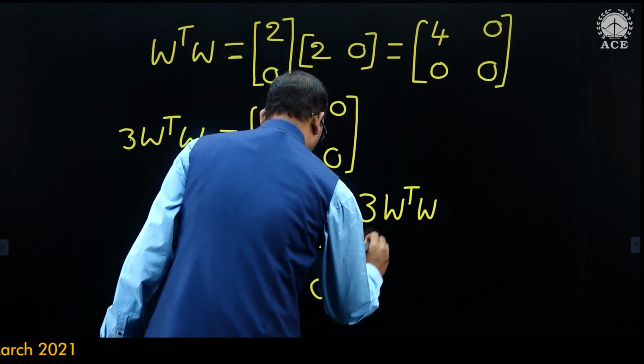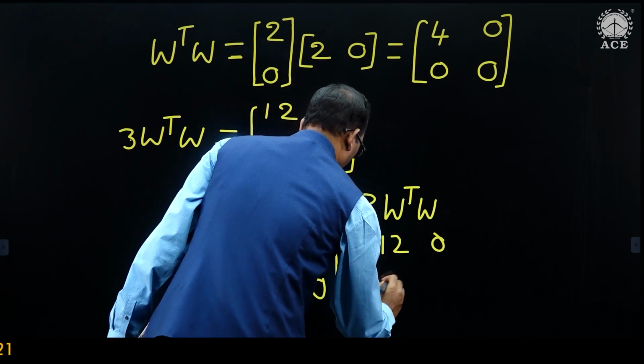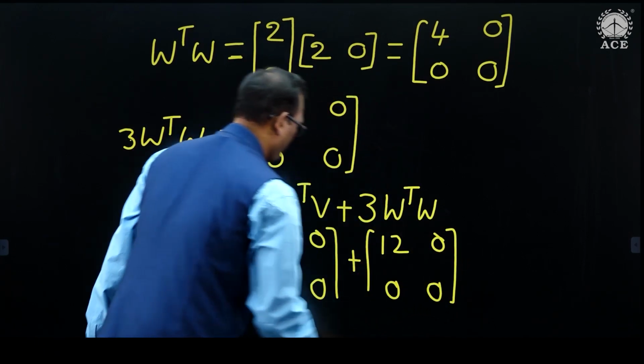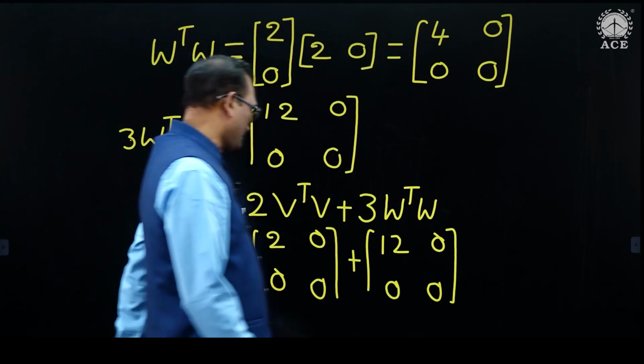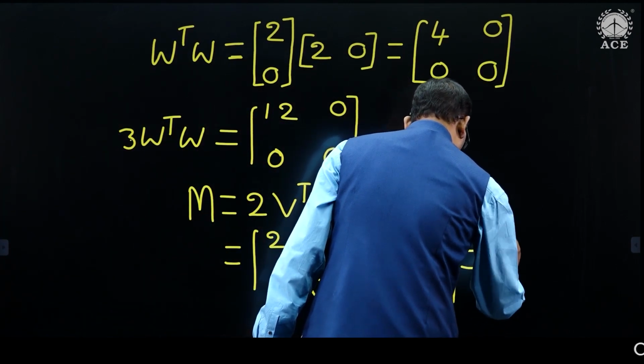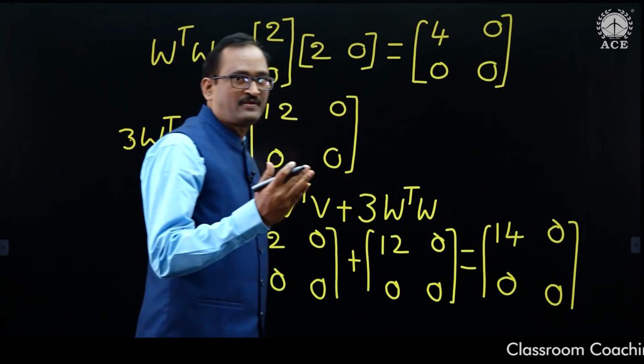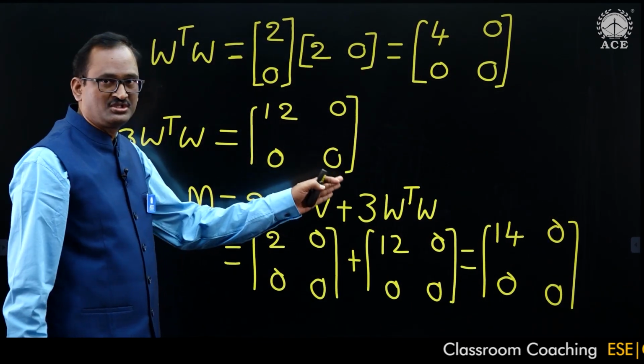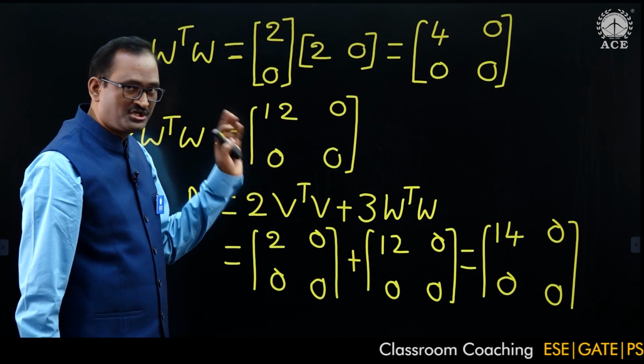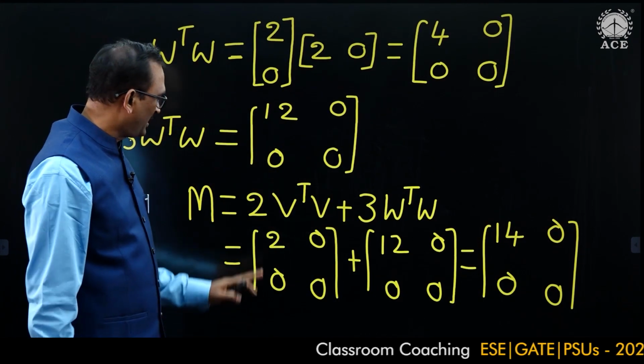Second matrix is as above. Adding these two matrices, we get the sum. Rank of a matrix is equal to number of non-zero rows. We have only one non-zero row, therefore rank of the matrix M is 1.